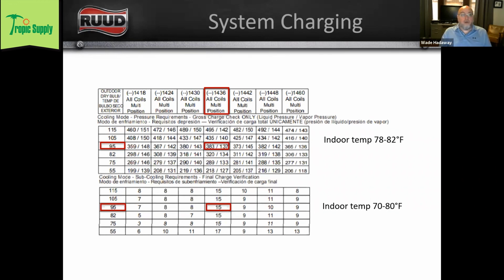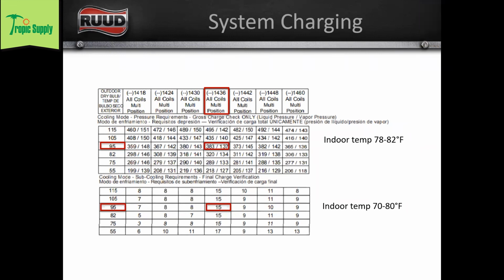The vast majority of systems that have been installed and are out there in the world are not operating at capacity or at rated efficiency because of a lot of things. Airflow and incorrect charge are two of the major reasons that most systems out there are not operating as well as they could or should be.